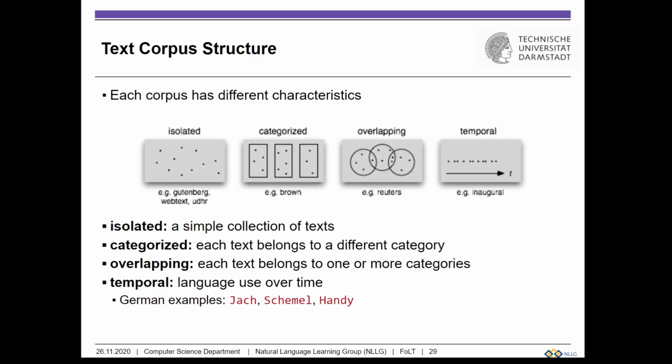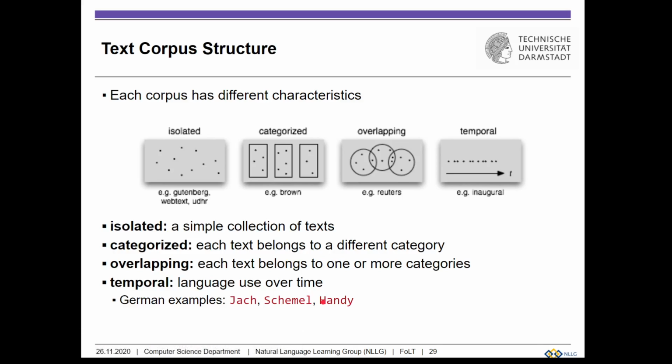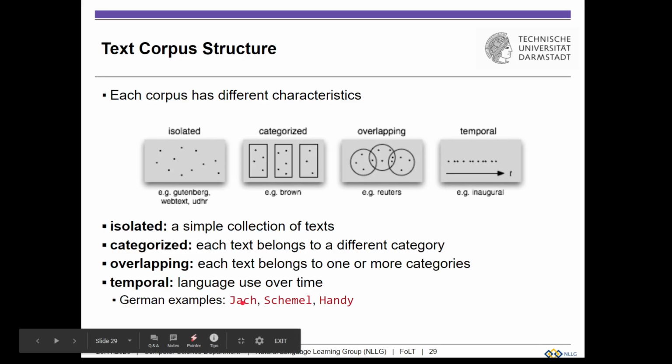If you have such a temporal corpus, you can, for example, check how language changes over time, and language always changes over time. So we find that words acquire different meanings over time. Here are a few German examples of words that become outdated or that come into new existence. The word Jach, I don't even know what that means.